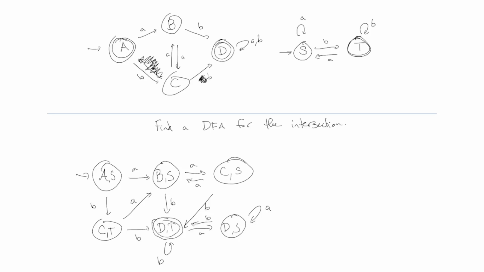We got 5 minutes. Actually, this is enough time to briefly talk about the union. Maybe we'll do a full example of the union next time, but this is a DFA for the intersection. Actually, it's very easy. It's the same basic procedure, but a very easy modification to get the union.